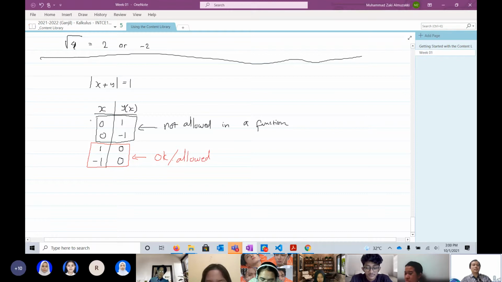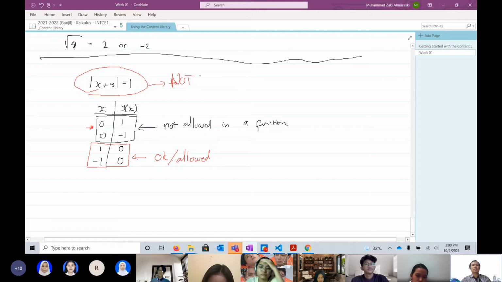So since in this case we have one value of x resulting in two values of y, meaning that this is not a function of x.